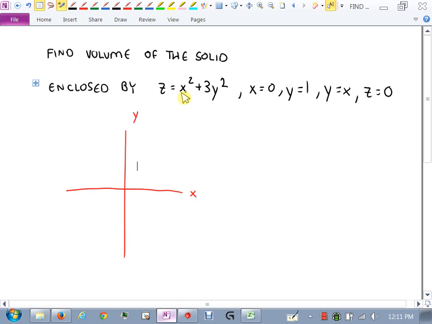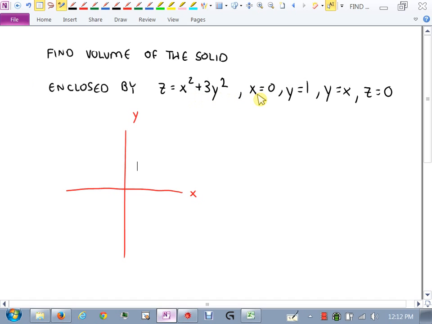If we're on the xy plane, then z is 0. The only way this thing right here can be 0 is if they're both 0. Remember that paraboloid touches at the origin? So the only thing that this is in our plane is just a point. It's the origin, the bottom of the paraboloid.